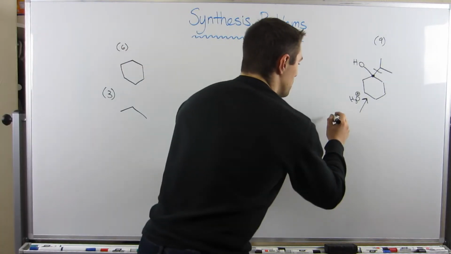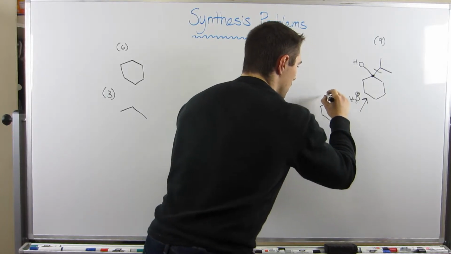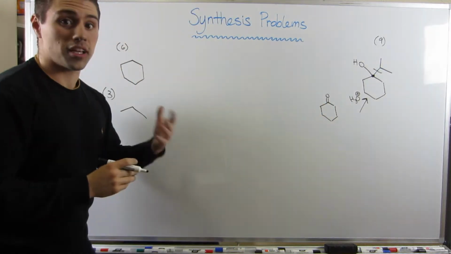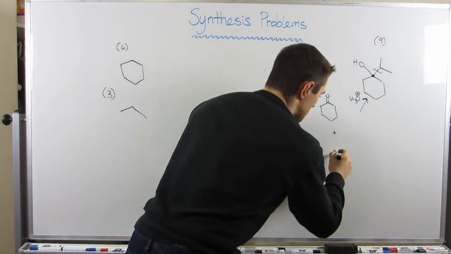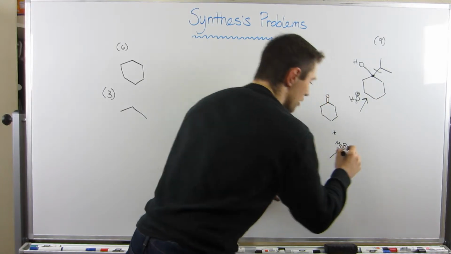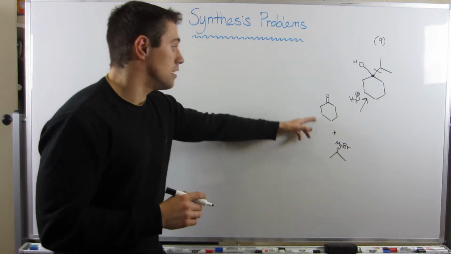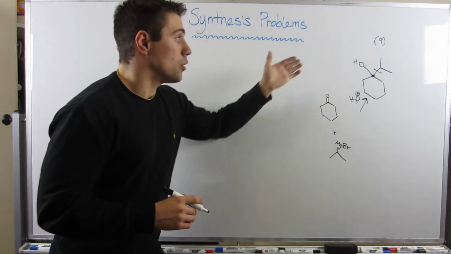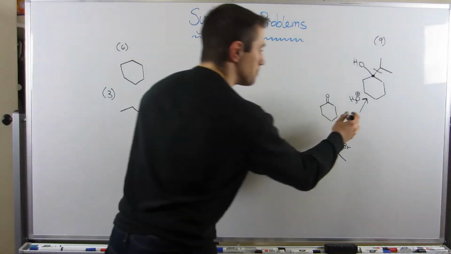Then I'm going to draw my 2 pieces that I stuck together: my cyclohexanone, my cyclohexane ketone, and this MgBr 3-carbon Grignard. You can see that if I attacked right there and then protonated, we would get that final product, right?